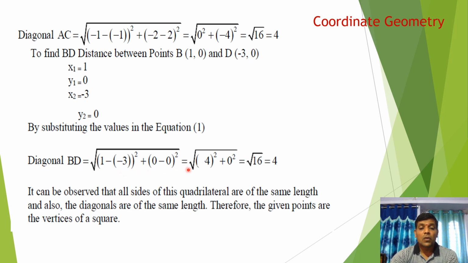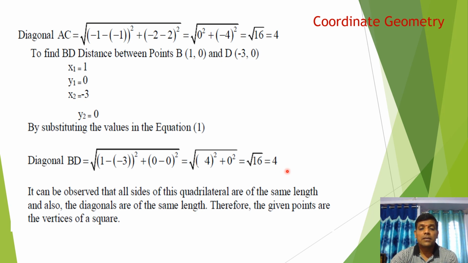Now next one, root over 1 minus into minus, plus 3 whole square, 1 plus 3 equals 4 square plus 0 minus 0 square means 0. Here root over 4 square plus 0 square, 4 square means 4 into 4, 16, plus 0 square means 0. Root over 16 plus 0 equal to root 16 equals 4 units.